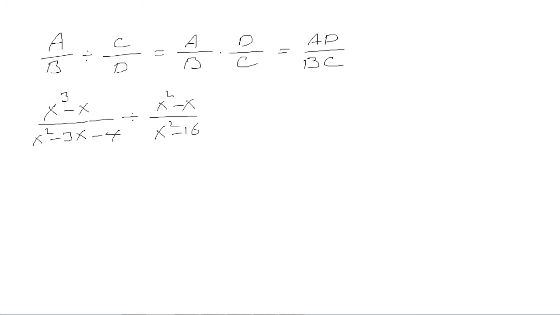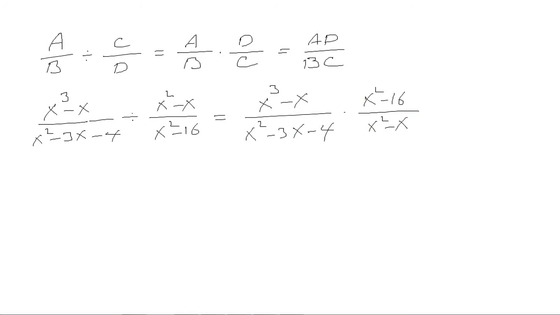Okay, so this equals (x cubed minus x) over (x squared minus 3x minus 4) times (x squared minus 16) over (x squared minus x). So I transform that into a multiplication.